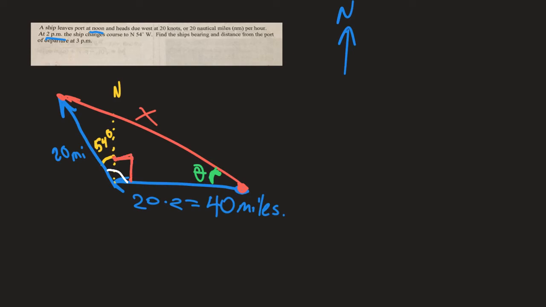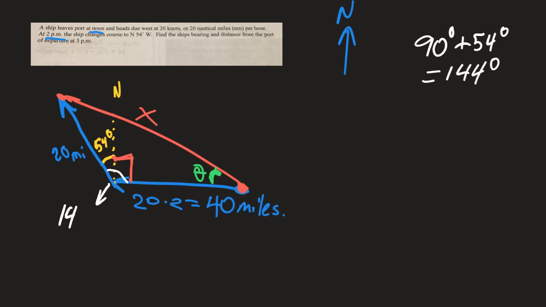So that angle marked in white is 90 degrees plus 54 degrees, giving me 144 degrees as this angle right here. And that angle is going to help me solve for x.